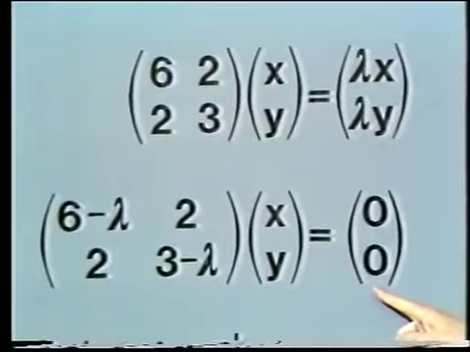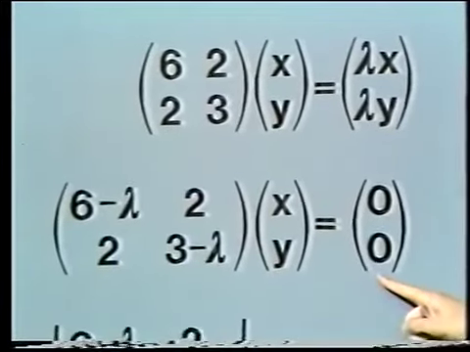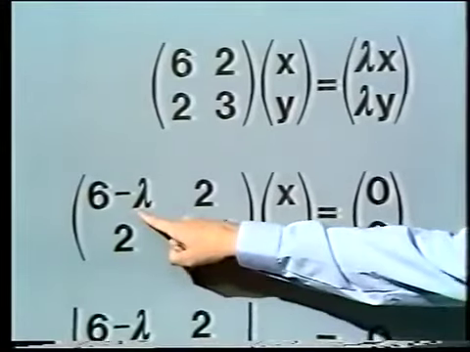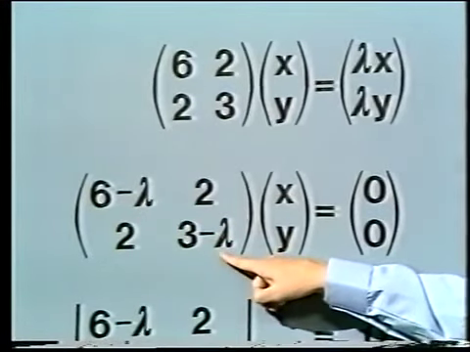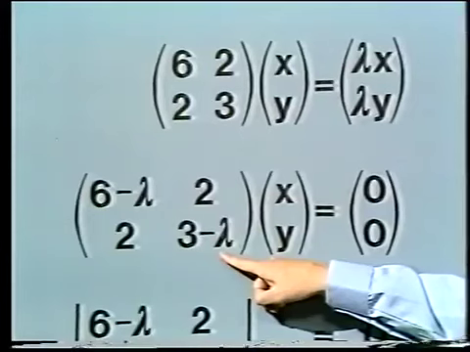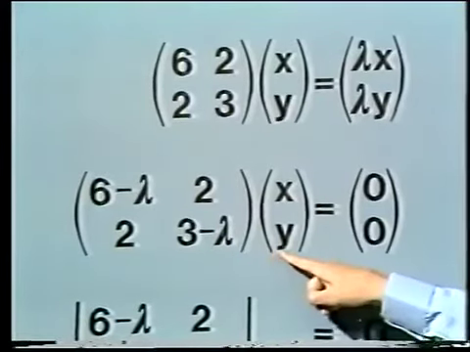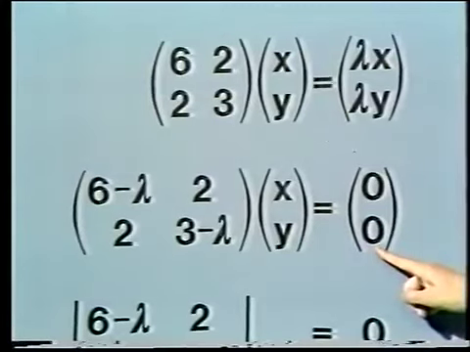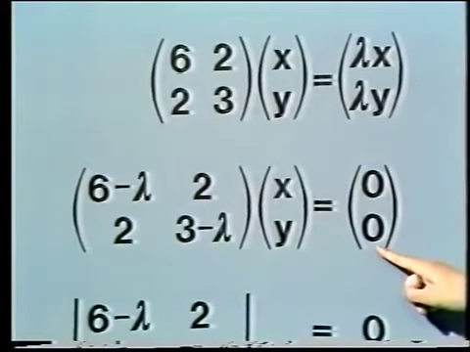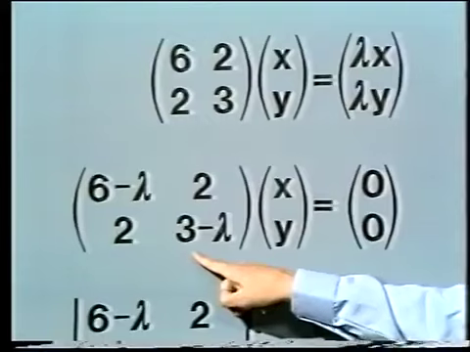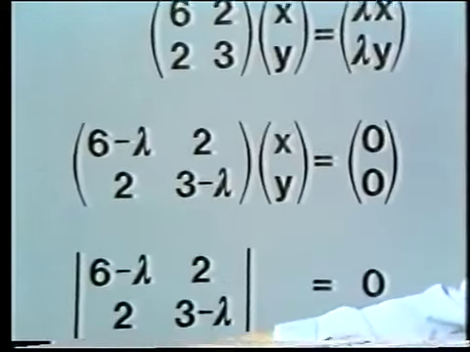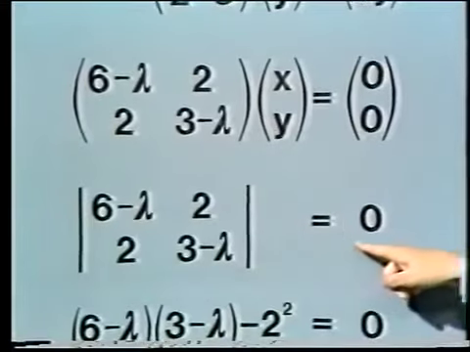On the right-hand side, we get the 0 vector, and on the left-hand side, what we get are these minus lambdas appearing on the diagonal. Now, if you look at this equation, you see we're mapping a non-zero vector to a 0 vector. And what does that mean? It means that the determinant of this matrix must be 0. This determinant is equal to 0.